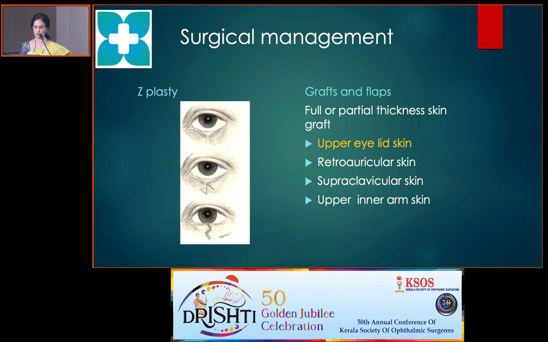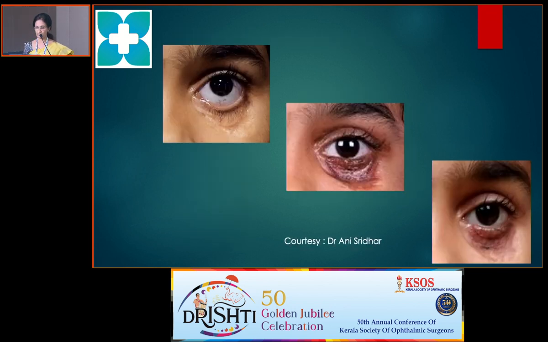The problem is you have to find a matching skin. The eyelid skin is very peculiar in its thinness, and it has no subcutaneous fat. So the most matching skin would be upper eyelid skin. Other options are retroauricular skin, supraclavicular skin, and upper inner arm skin.